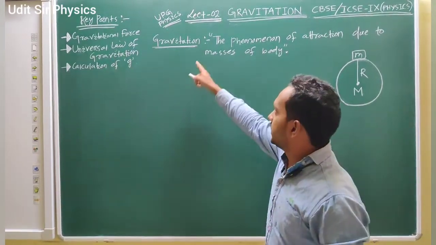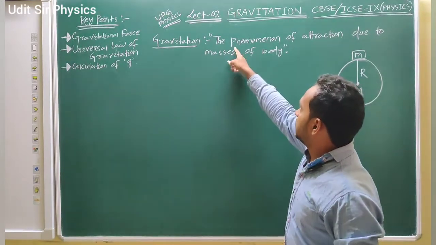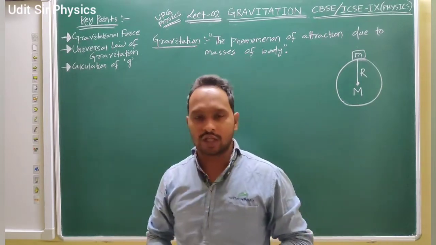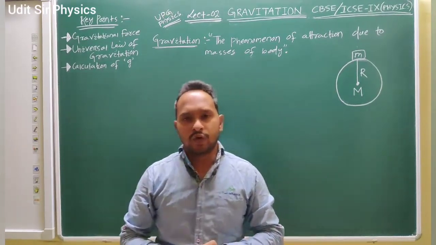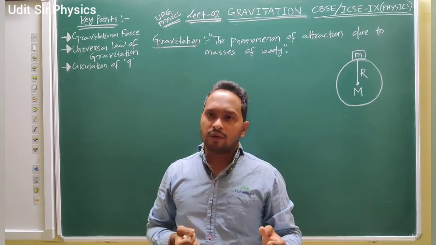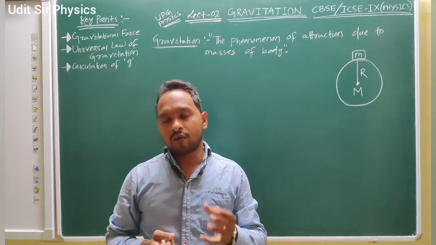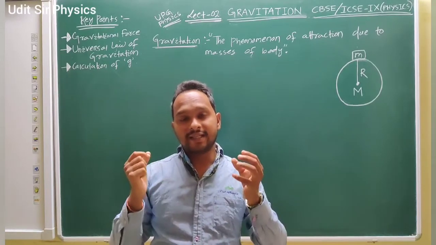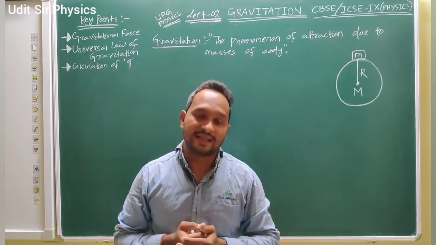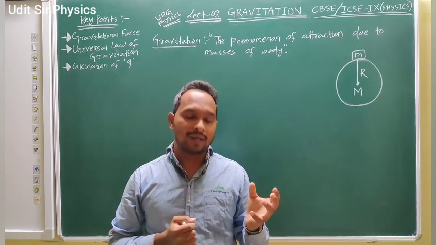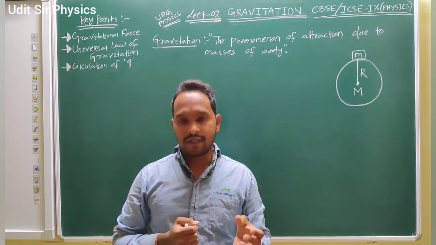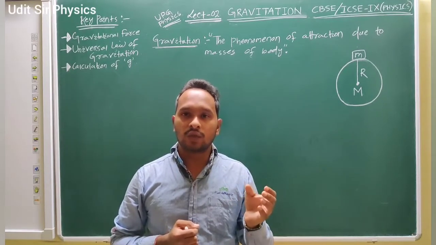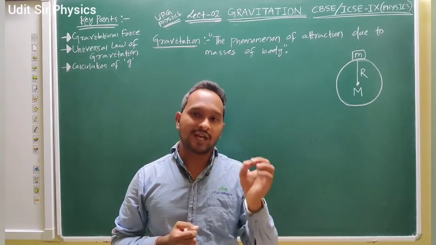So students, first the definition of gravitation: the phenomenon of attraction due to masses of bodies is called gravitation. To know about what is gravitation, we need to go back in time to Newton's age, because Newton was the first scientist, physicist, mathematician, philosopher who actually showed the experimental approach to science.